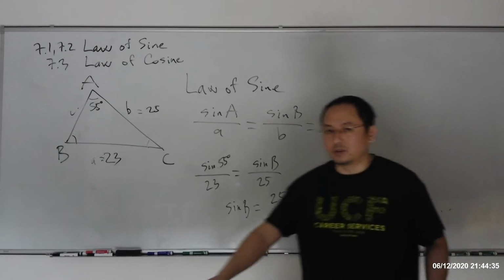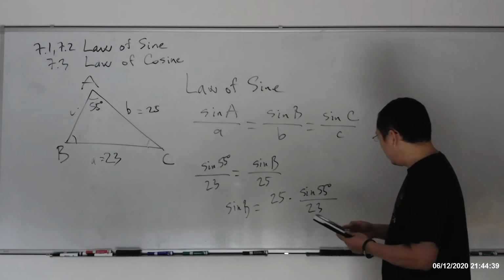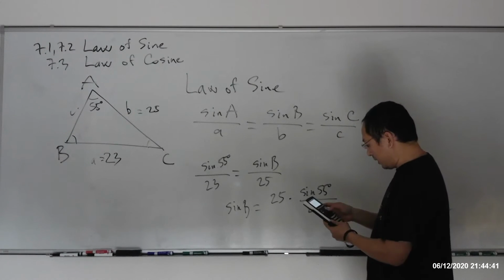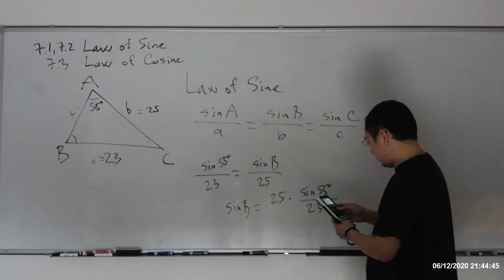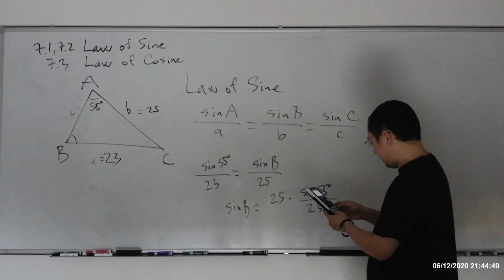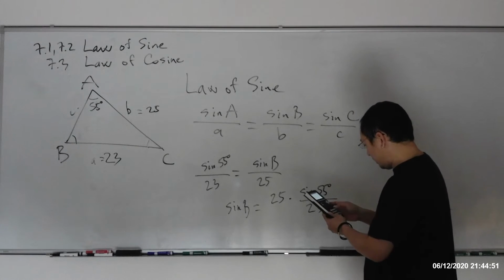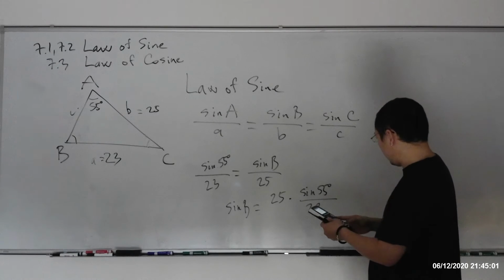Okay, since those are decimals, let me use a calculator to calculate this. Let me check my calculator, make sure it's on degree first of all. Yes, it's on degree. So 25 times sine of 55 degrees, and then divided by 23. Okay, and this is sine of the angle.